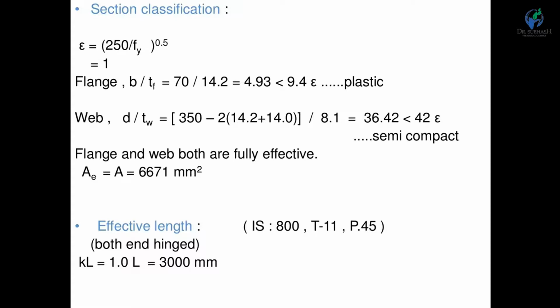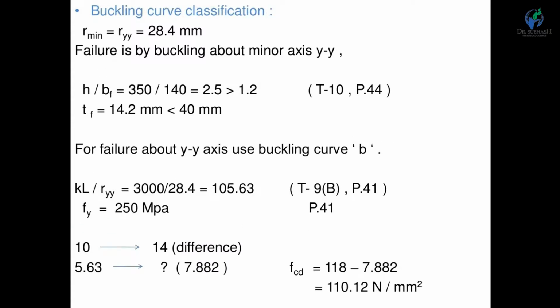Next we find the effective length. Here both ends are hinged, so according to table number 11, KL is equal to 1 times L, which means 1 times the original length. 3 meters is given in our data, so it is 3000 mm. Now buckling curve classification. For this we require R minimum. R minimum we find from the steel table as the minimum of RYY and RXX.